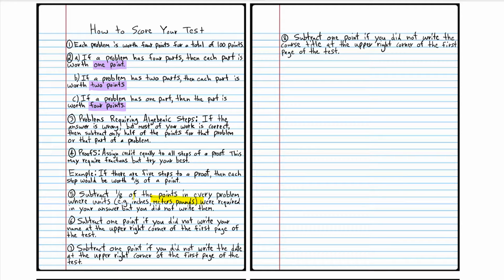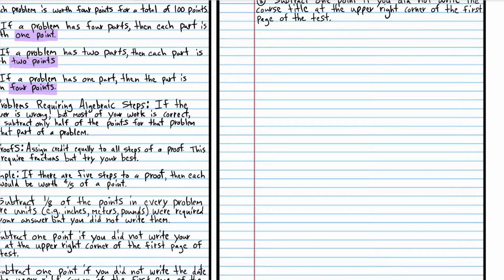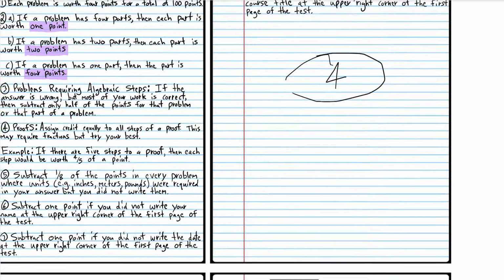So what that means, let's say that there's 4 parts to a problem, and on one of the parts you forgot to write the units. The total problem would be worth 4 points. Each problem is always worth 4 points. And if there's 4 parts, sorry, my pen is doing something weird.